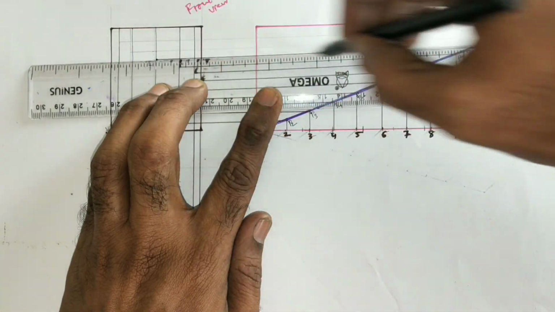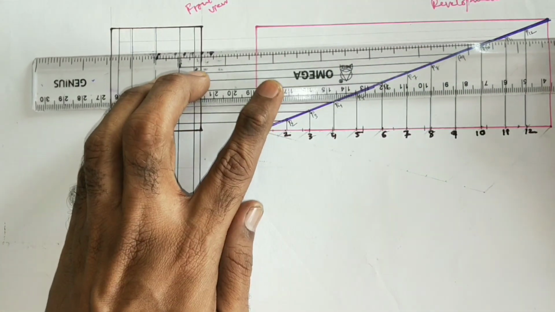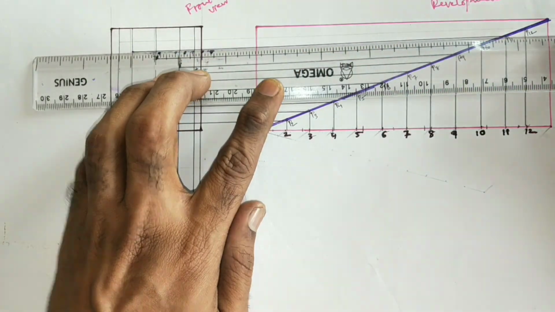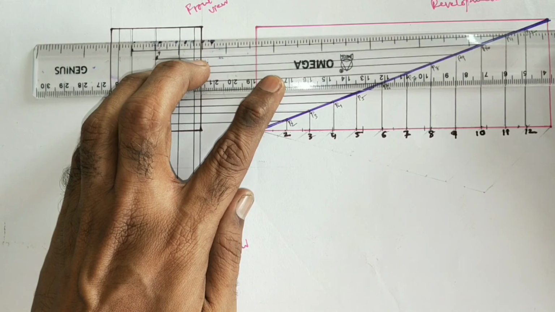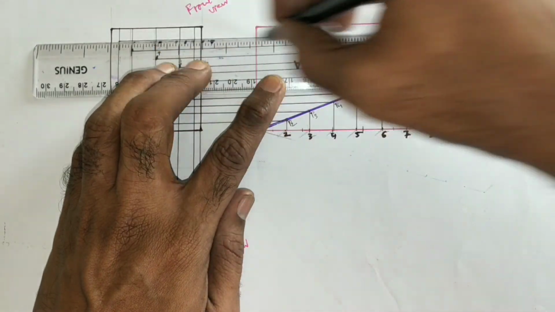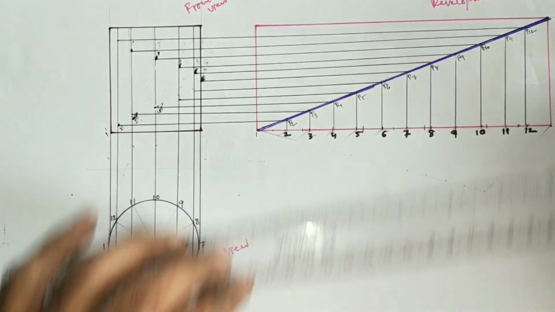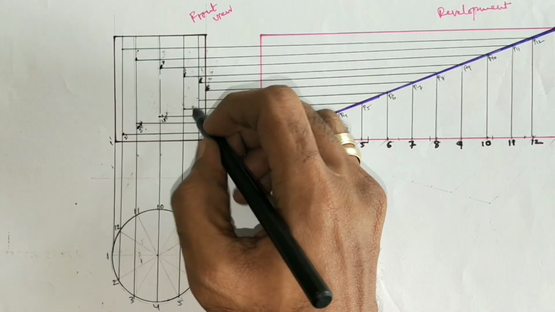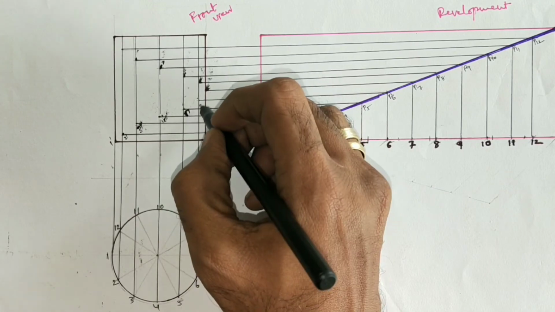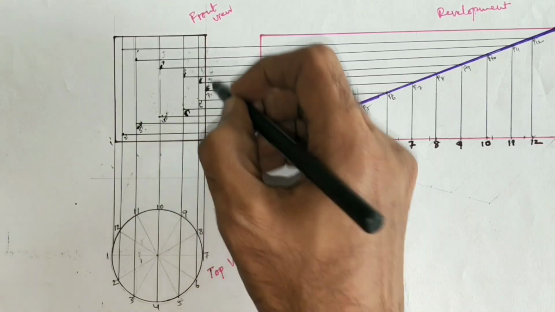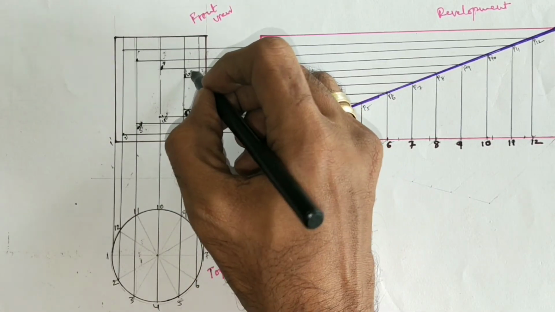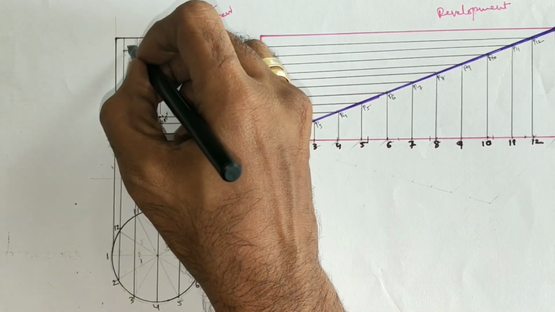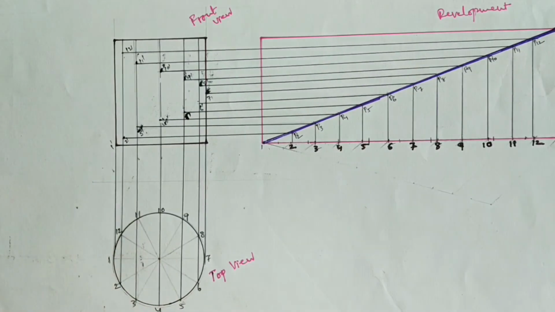This is from 10, from 11, and this is from 12. So now let us name the points as 4 dash, 5 dash, 6 dash, 7 dash, 8 dash, 9 dash, 10 dash, 11 dash and 12 dash. This is the final point.